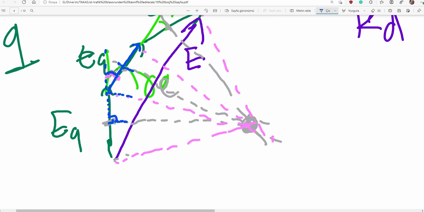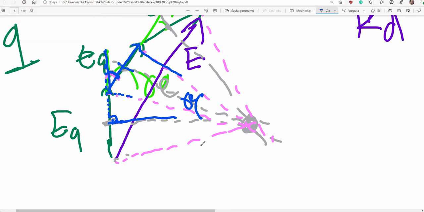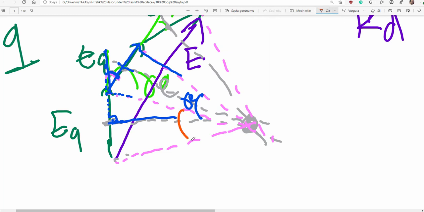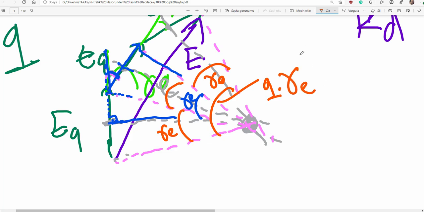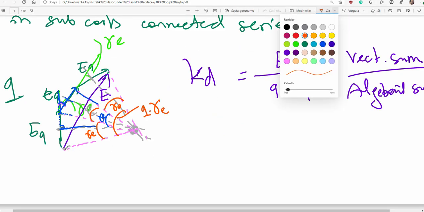So the angle between those two originals is equal to the angle between the perpendiculars. So that is also gamma electrical. In fact, that is the angle gamma electrical, and that is the angle gamma electrical. So totally here are Q times gamma electrical. Let me say here is R.